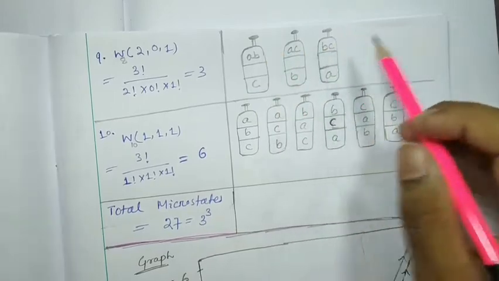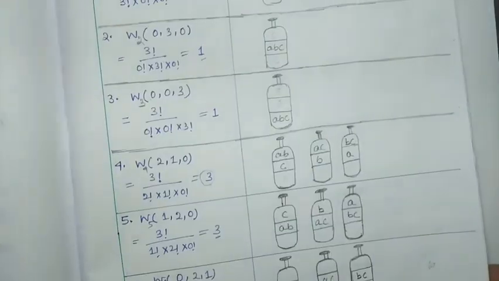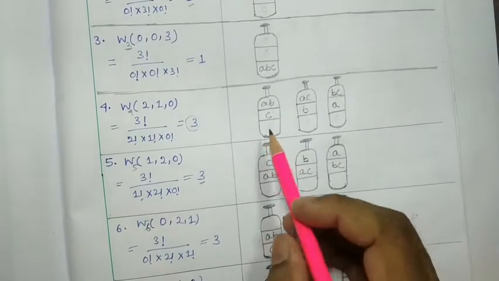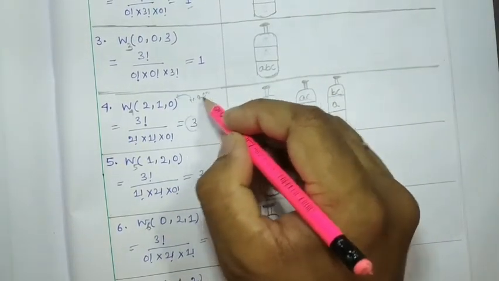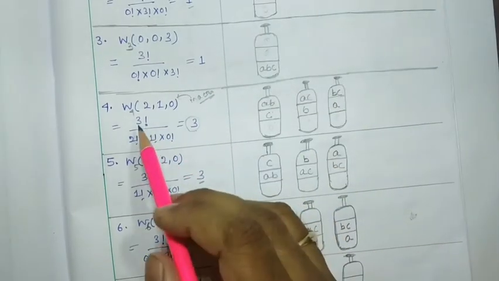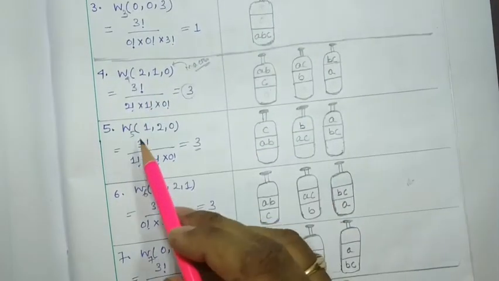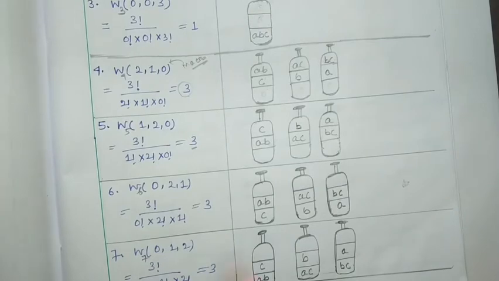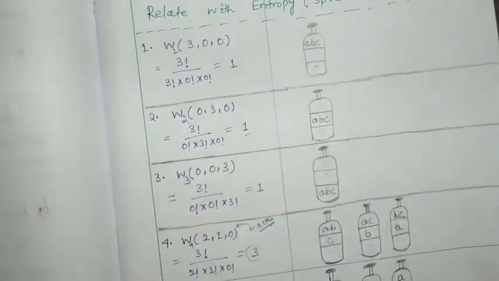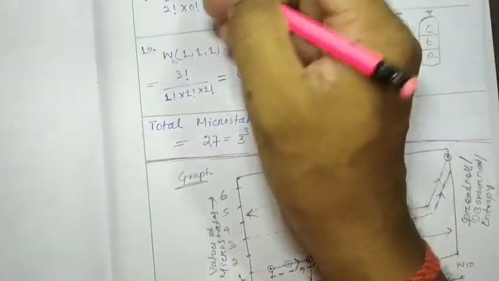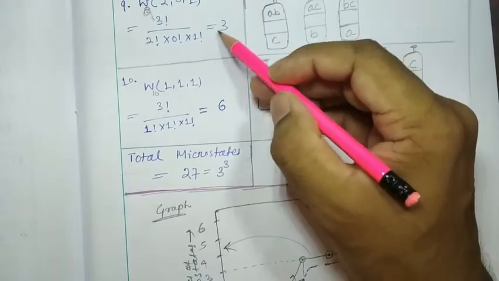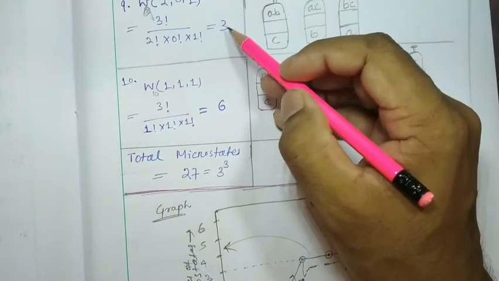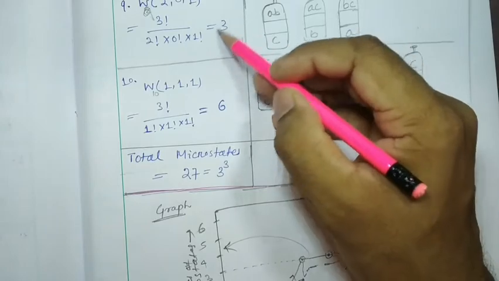So here you can see the macrostates W4, W5, W6, W7, W8 and up to W9. All of these macrostates have 3 microstates.